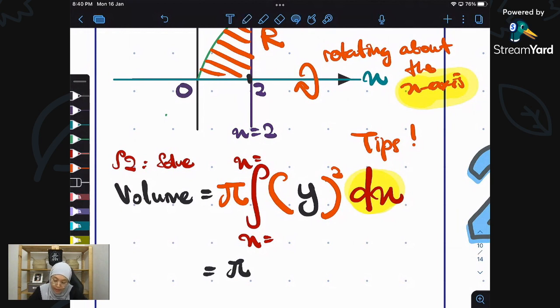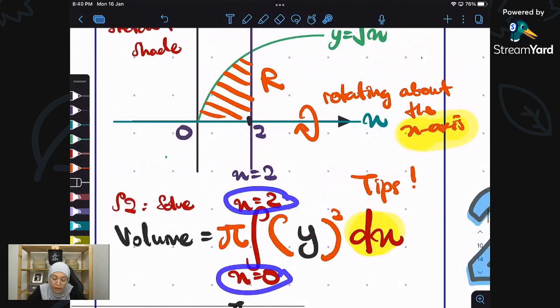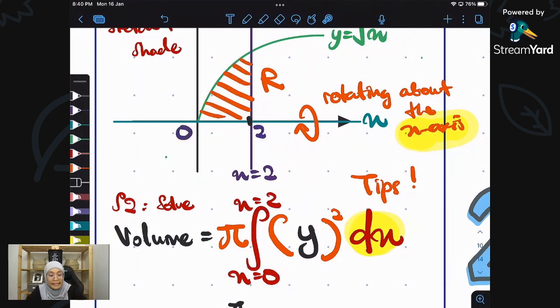So our integral here saya tak fill in lagi, which is the limit should be from 0 until 2. How do I know the limit is 0 until 2? Because our shaded region here show that the region yang kita nak saja is from 0 until 2. Therefore 0 until 2 will be the integral there. Will be inside of the integral sahaja. Bukan nombor lain selain daripada 0 dan 2.